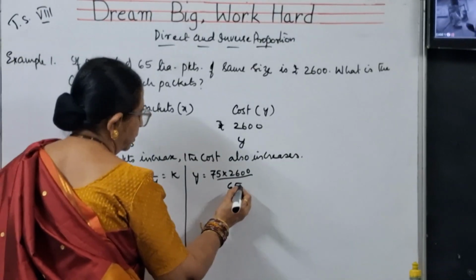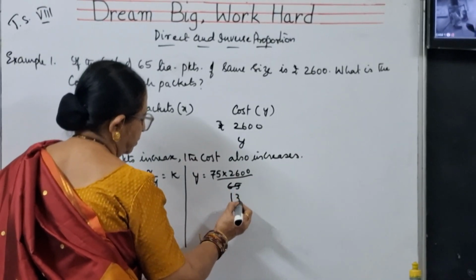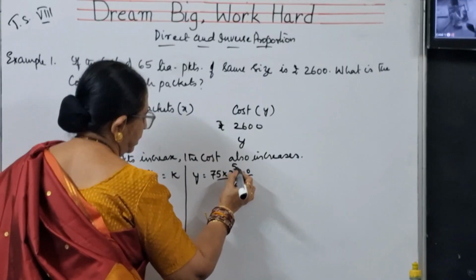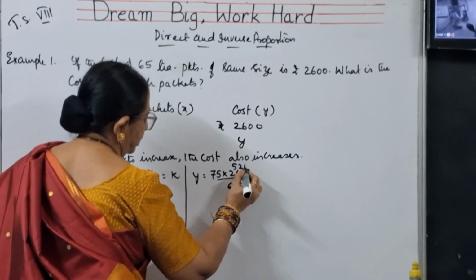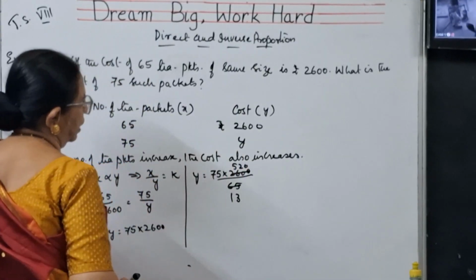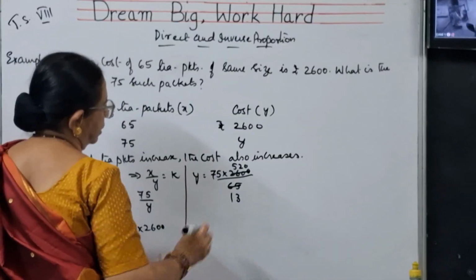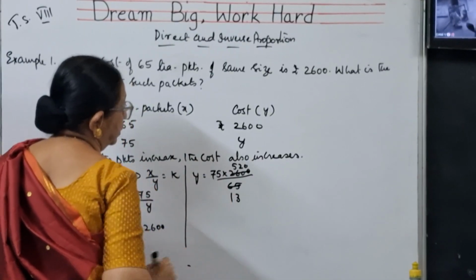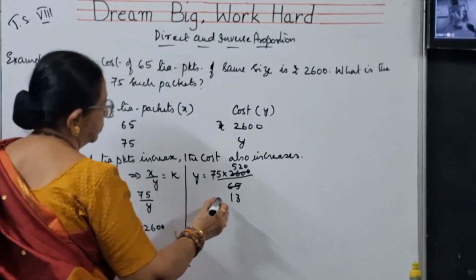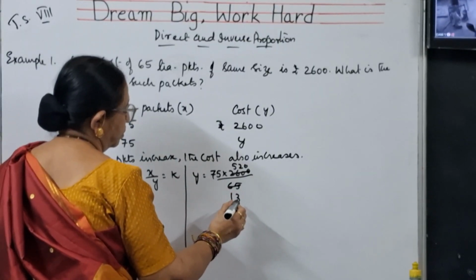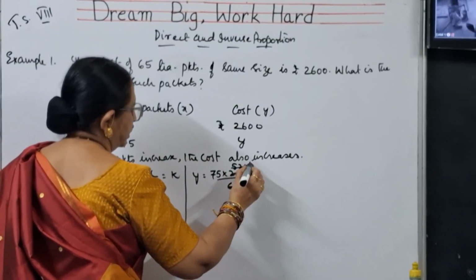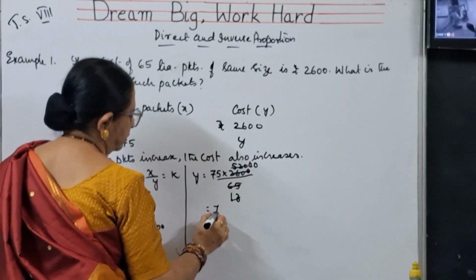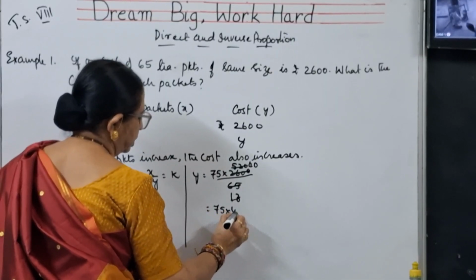So, 5 ones are 5, 5 threes are 15, 5 fives are 25, 5 twos are 10, 0, and 13 fours are 52. So for 40, you are getting 75 into 40.